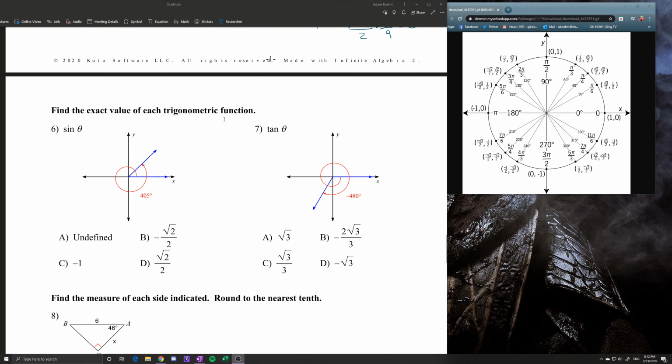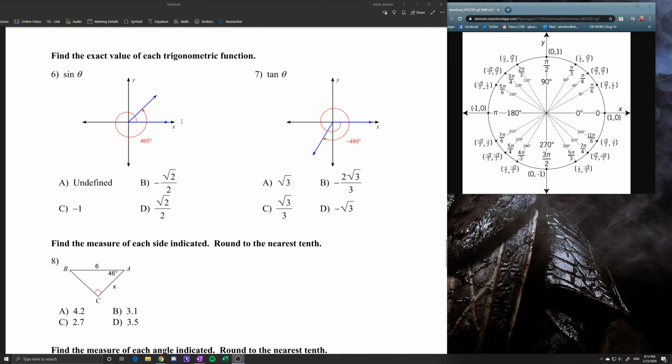Okay, number 6, find the exact value of each trigonometric function. So this is asking sine of theta given an angle of 405. When you are given something that looks like this, the first thing you need to do is to find out what angle you're actually dealing with.